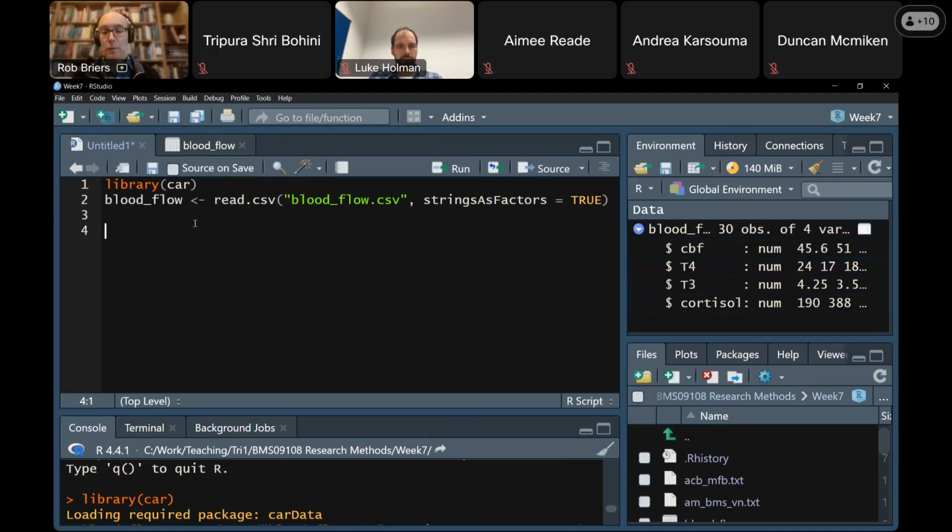So simple linear regression. One predictor, continuous.